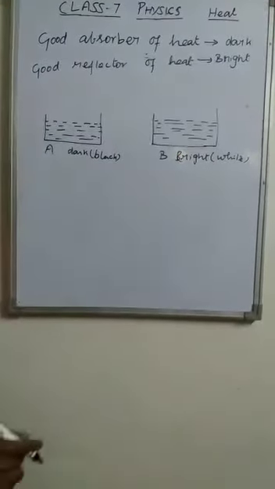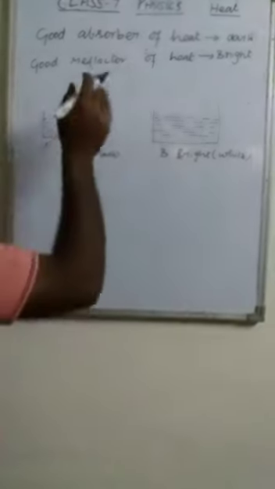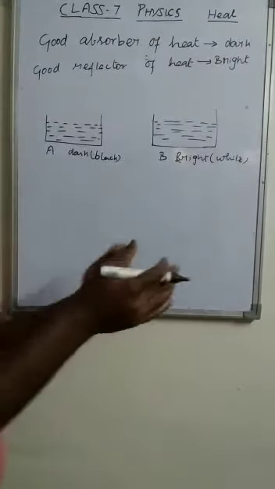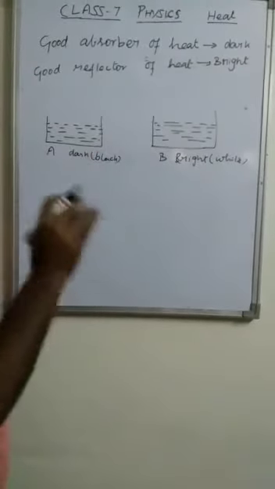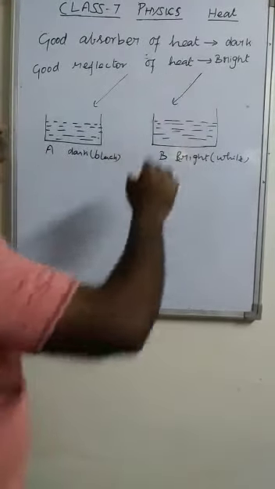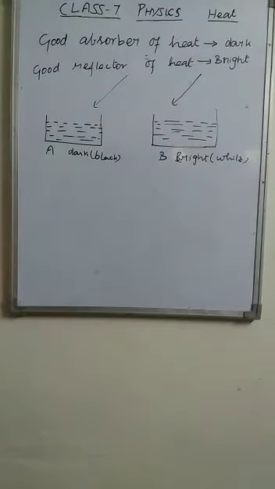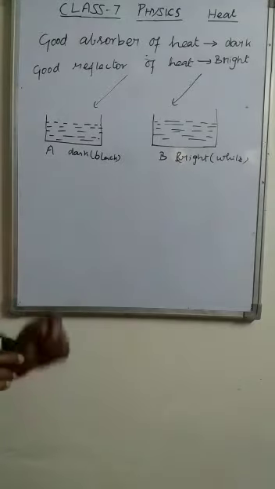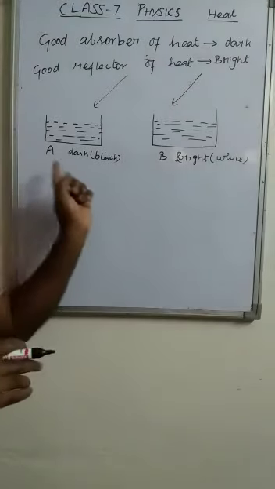When these two containers are present in the open space during daytime, the sunlight falls on the water. After some time, let it be 1 hour, if we take these containers into the shade and touch both the water, we find the temperature of both is different.